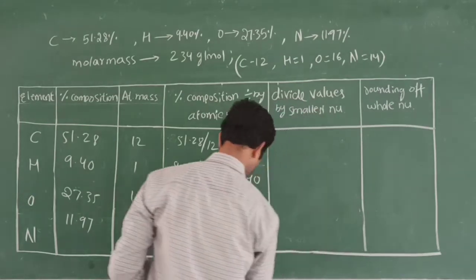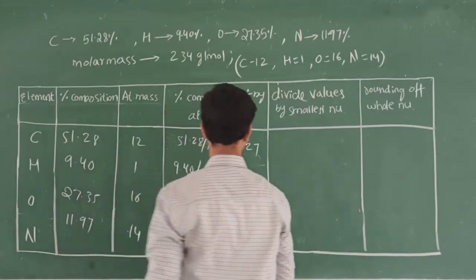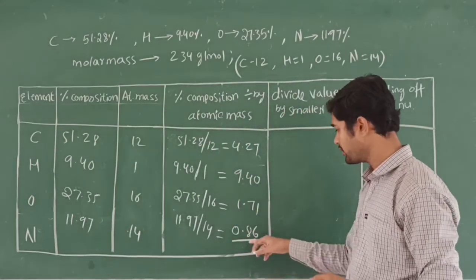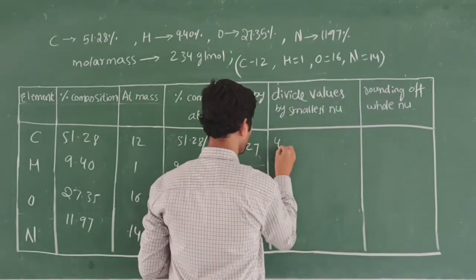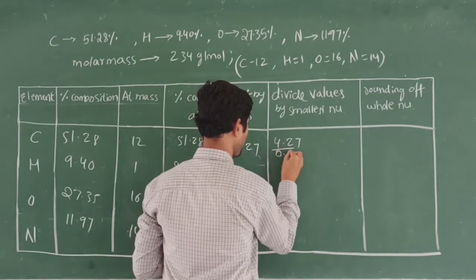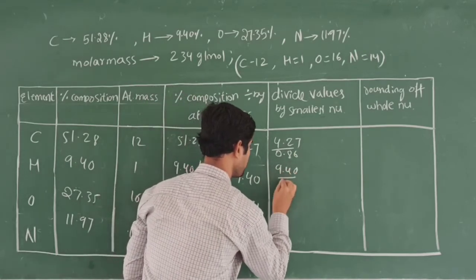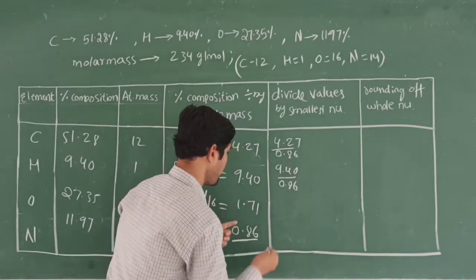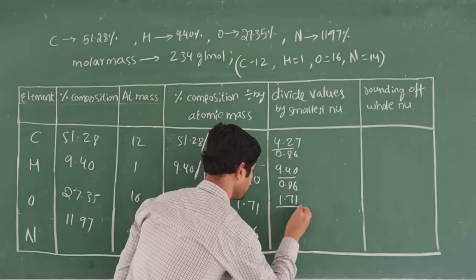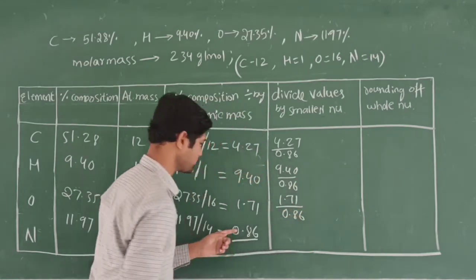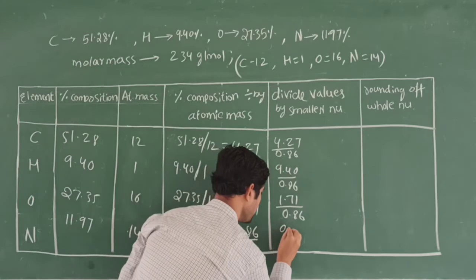Then select the smallest number among these values. The smallest number is 0.86, so each number should be divided by 0.86. I will write 4.27 divided by 0.86, 9.40 divided by 0.86, 1.71 divided by 0.86, and 0.86 divided by 0.86.